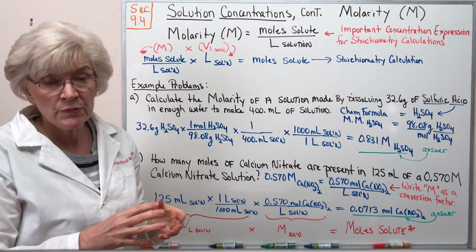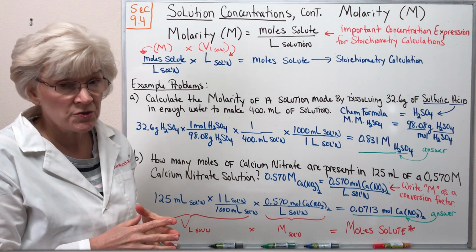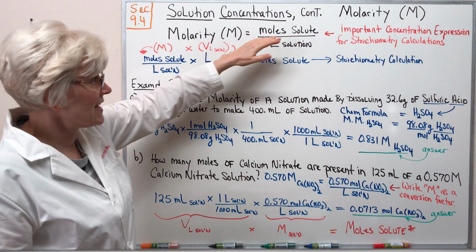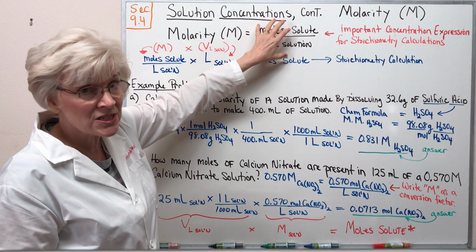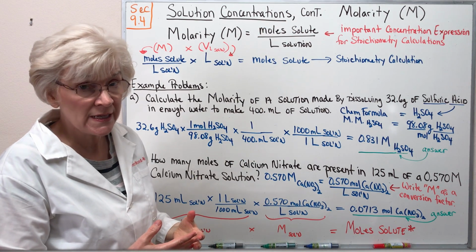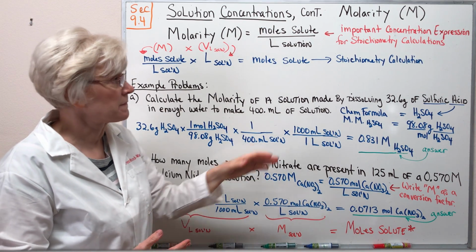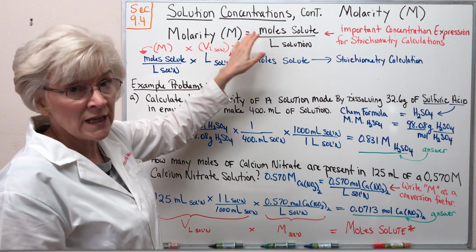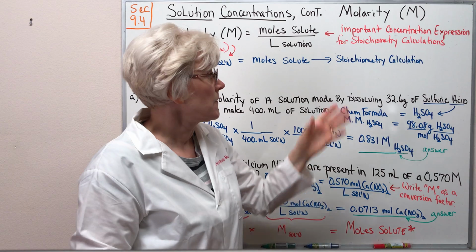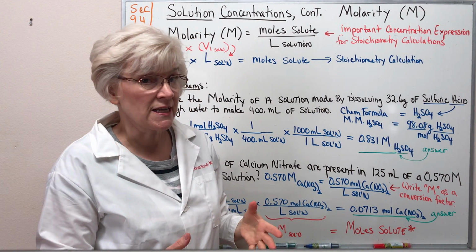It is very important that for each of the concentration expressions that you're responsible for knowing, you understand the exact definition of that concentration expression and how to calculate it properly and use it properly. I've indicated that molarity is a very important concentration expression for doing stoichiometry calculations.